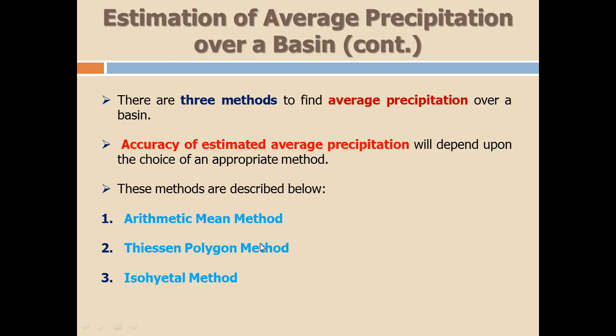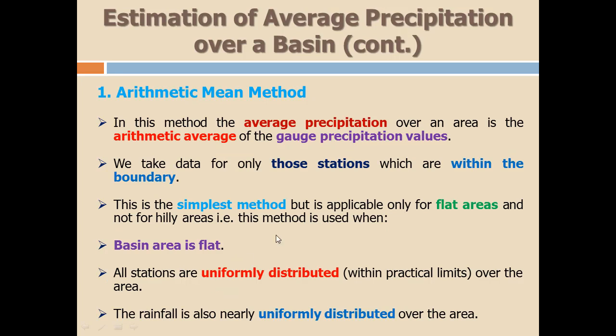In today's lecture, we will discuss the first two methods, that are the arithmetic mean method and the Thiessen Polygon method. The third method, the isohyetal method, will be discussed in the coming lectures, inshallah.